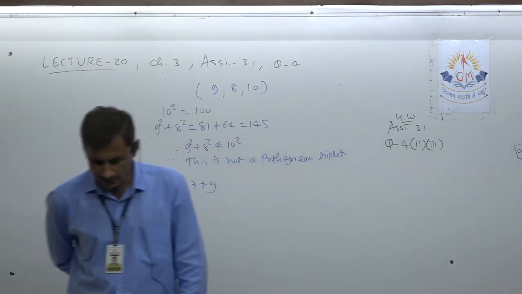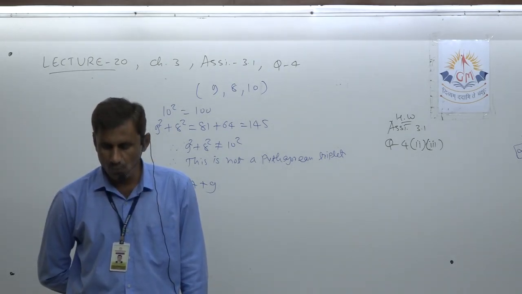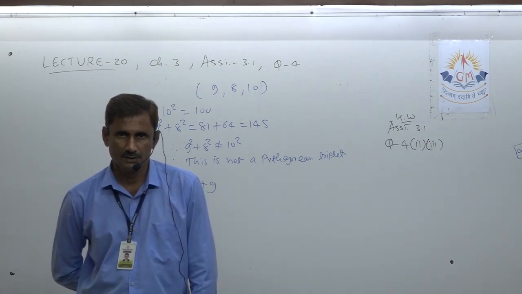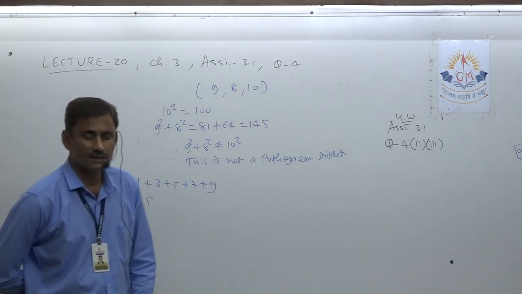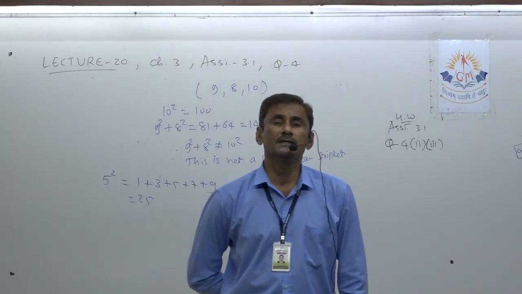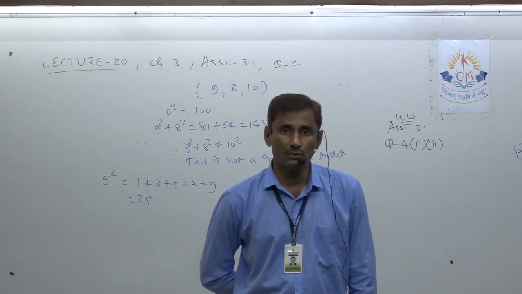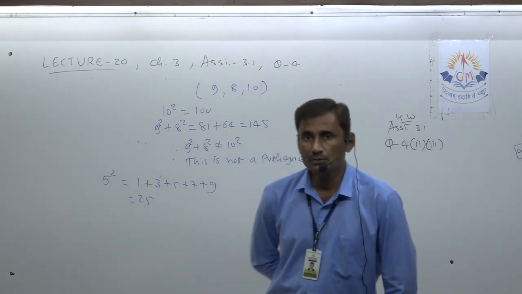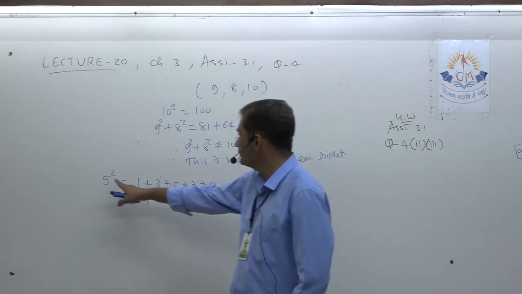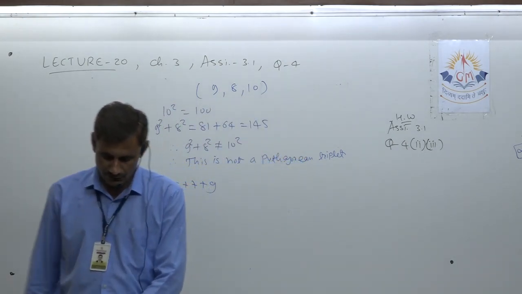Look there: the square of a natural number n is always equal to the sum of the first n odd natural numbers. If 5 square is there, then it is the sum of the first 5 odd numbers. If 7 square is there, then it is the sum of the first 7 odd natural numbers. So you have to take odd numbers. Okay, now look at the question, what is there?